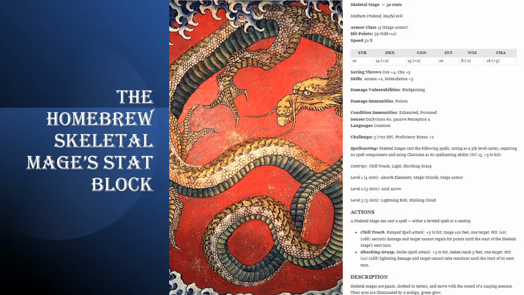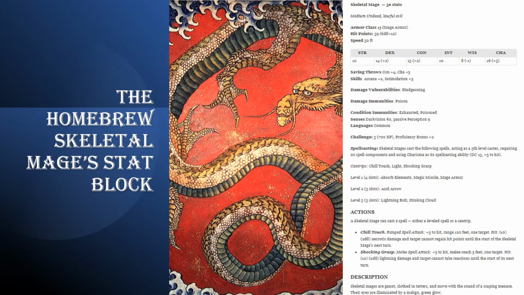The main mode of combat that the Skeletal Mage relies on is spellcasting, and our Skeletal Mage is a 5th level caster and requires no spell components to cast spells and uses Charisma as its primary spellcasting ability with a save DC for its spells of 13 and a +5 to hit when it uses spells as attacks.